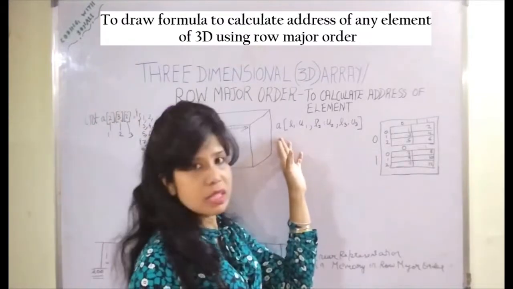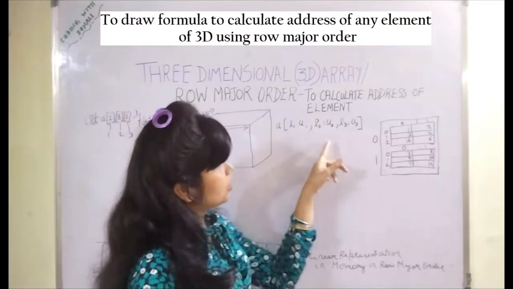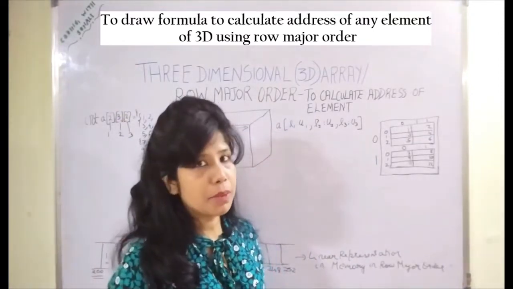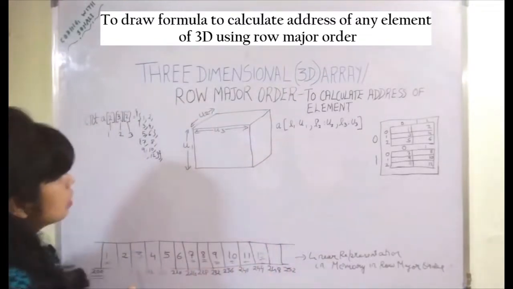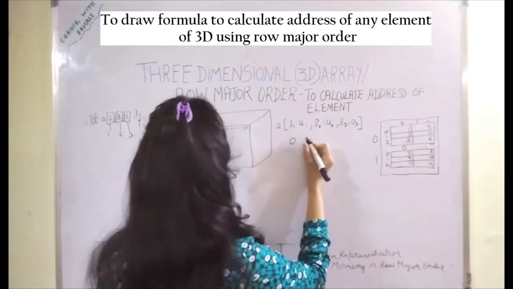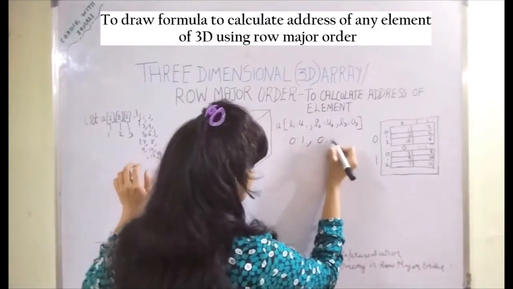You will be given this question in the case of the 3D array. You will be given L1, U1, L2, U2, L3, U3. You will understand how many elements are present. So how do you calculate the number of elements? Suppose I am given 0 and 1. And here if I am given 0 and 2.